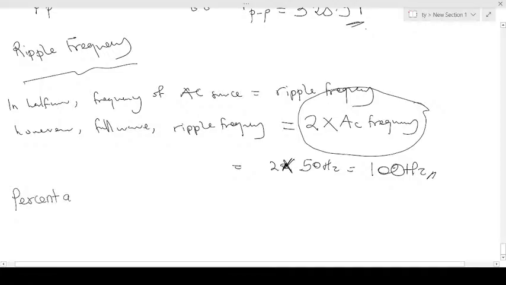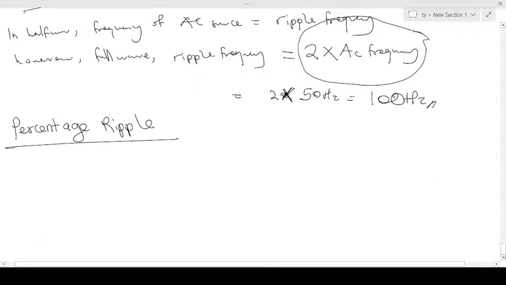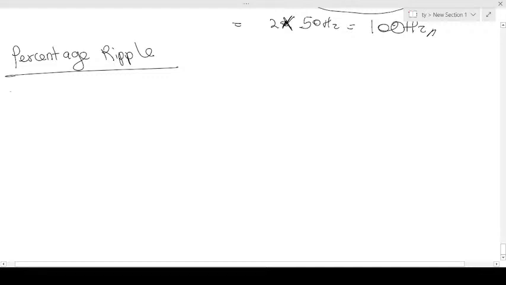Our percentage ripple is our V peak to peak divided by our V average, or our VDC, times 100%, since it's a percentage.